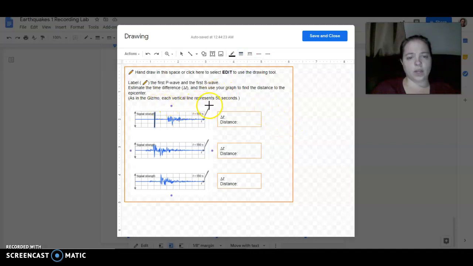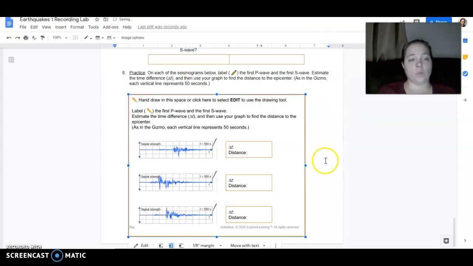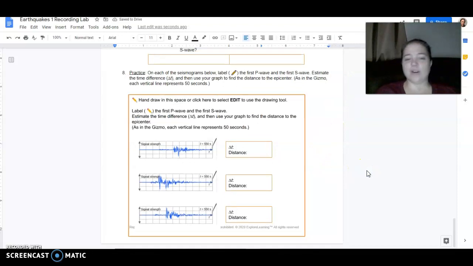Each vertical line is 50 seconds, so I know that's 50. 50 is a little tricky. Then you're going to draw another line. I would suggest just drawing the lines out first. That way you can figure out the distances between the two like I did on the notes. Once you are done with this, now you are done.